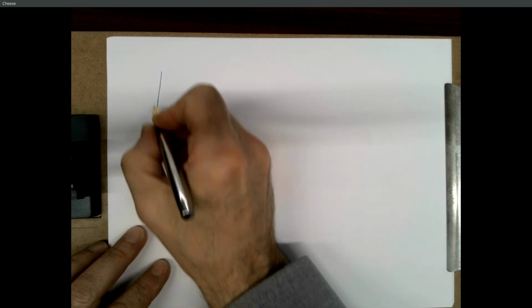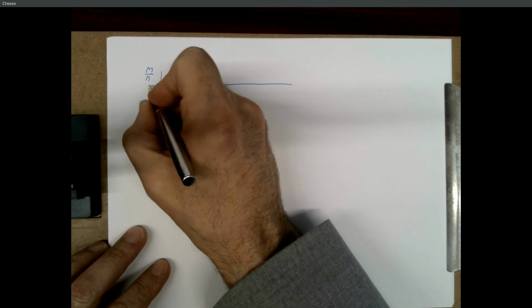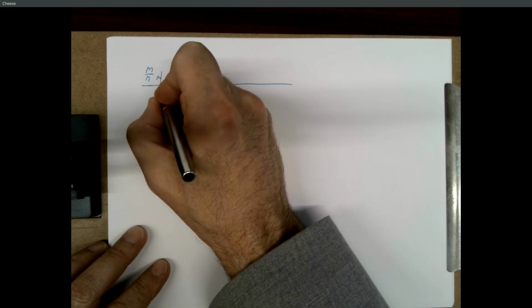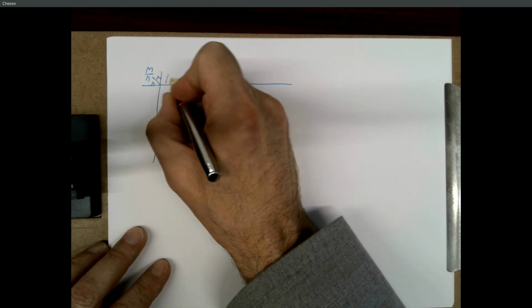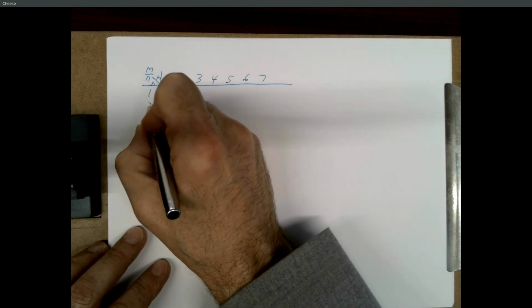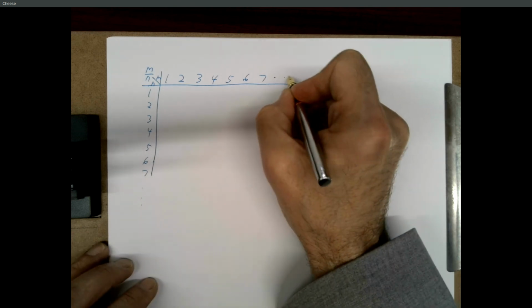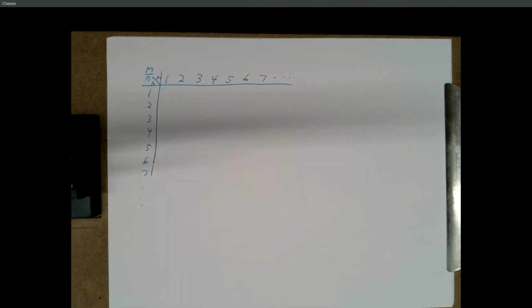So let's just think about fractions m over n. And I'm going to draw m going across and n going down. And on each axis, I'm just going to list the integers from 1 on up. And I'm only going to worry about positive numbers for now.